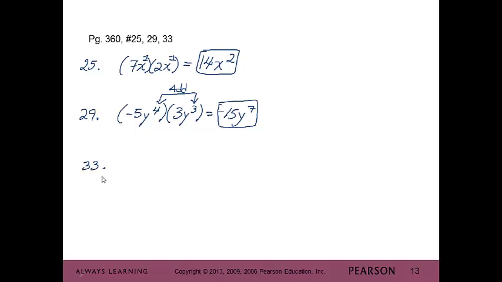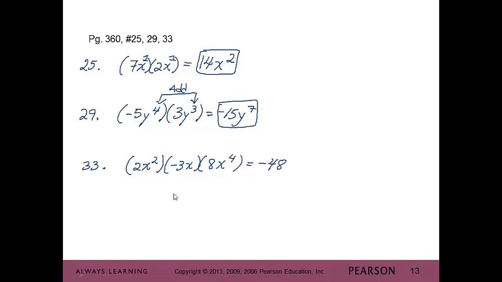And then number 33, we have 2x squared times negative 3x times 8x to the 4th power. Now we're multiplying 3 monomials together. So we have 3 coefficients, 2, negative 3, and 8. So we're going to do 2 times negative 3, which is negative 6, times 8, which makes it negative 48.